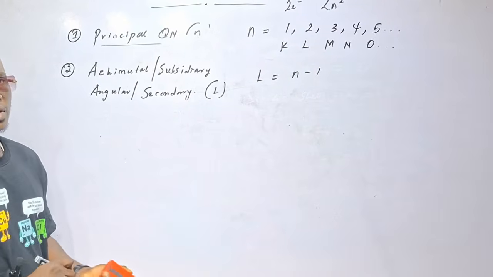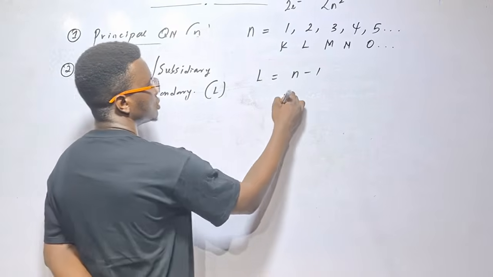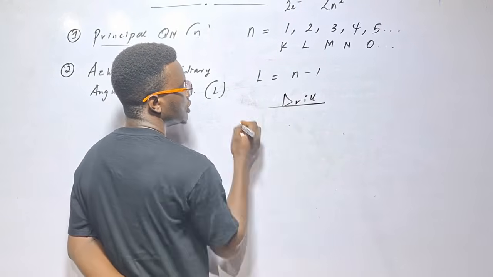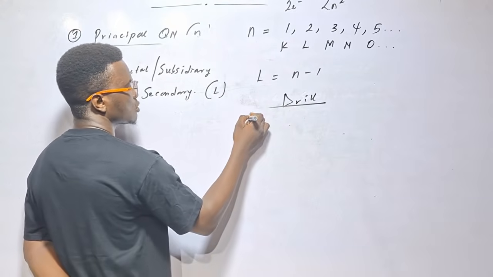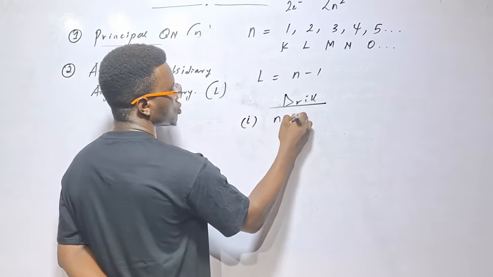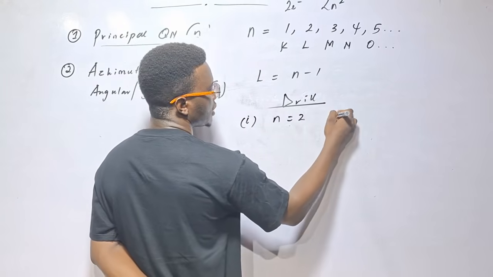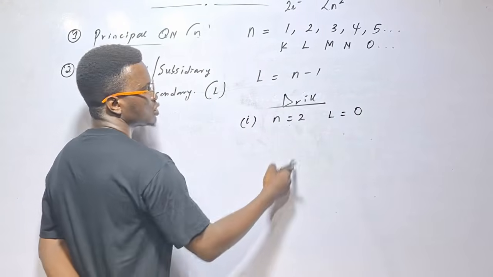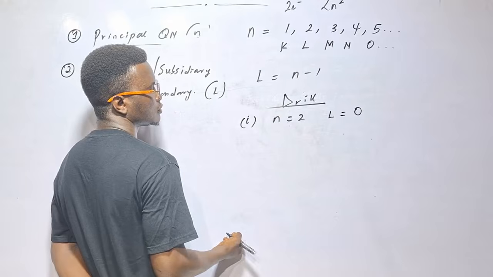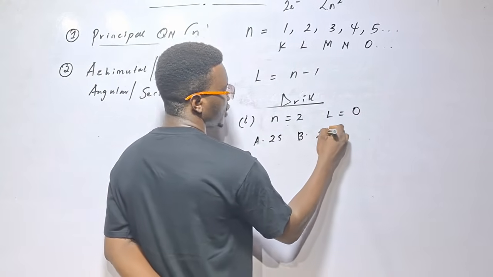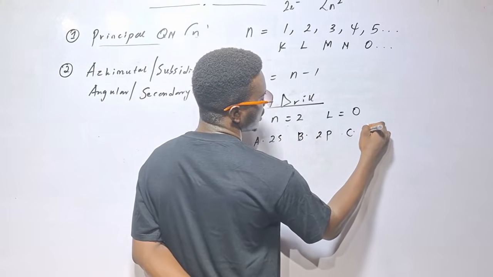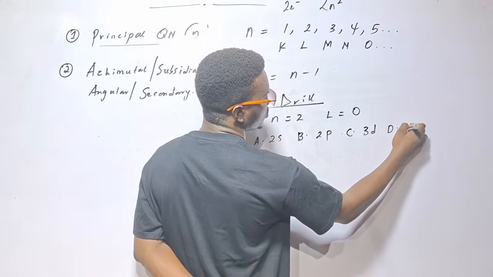Let me give you something. Give your answer in the comment section. First question: when n is 2 and L is 0, which orbital am I talking about? A, 2S; B, 2P; C, 3S; D, 3P.